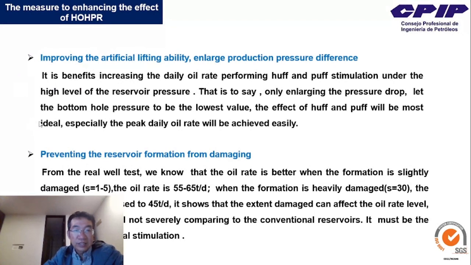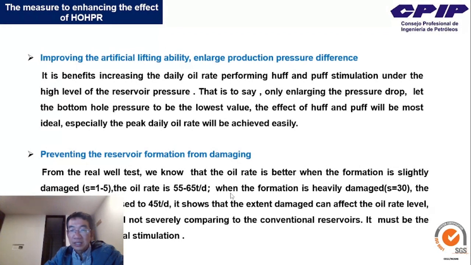And preventing the reservoir formation from damage. From the real well test, we know that the oil rate is better when the formation is slightly damaged. The skin is 1 to 5. The oil rate is 55 to 65 tons per day.